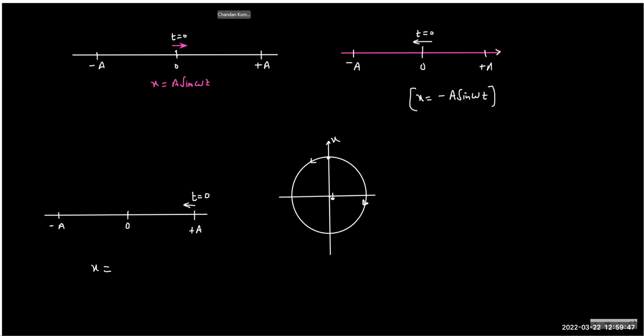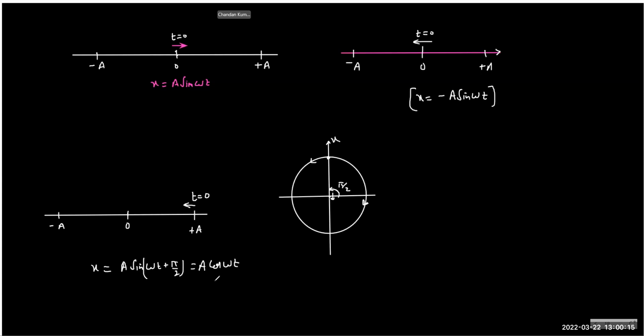Which quadrant? Second quadrant, right? When you are here, what is your angle? Pi by 2. So when you write x equals a sin omega t plus pi by 2, what will happen? It becomes cos function, right?